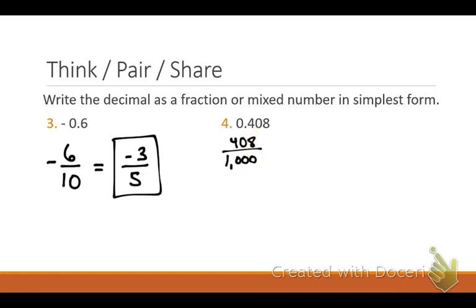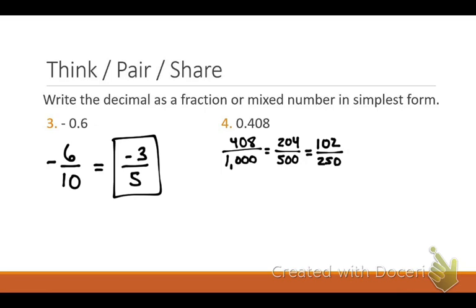If I cut this in half, what's half of 408? 204. What is half of 1,000? 500. All right. Are these both still even numbers? Yes. So let's divide by 2 or cut in half again. What is half of 204? 102. What is half of 500? 250.